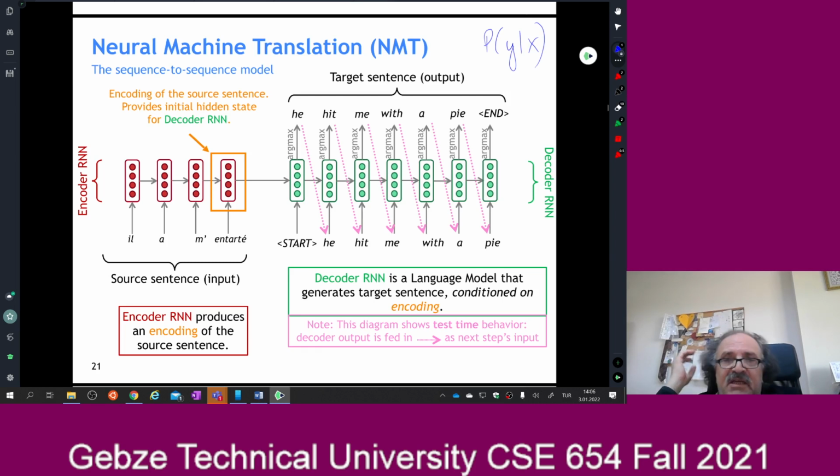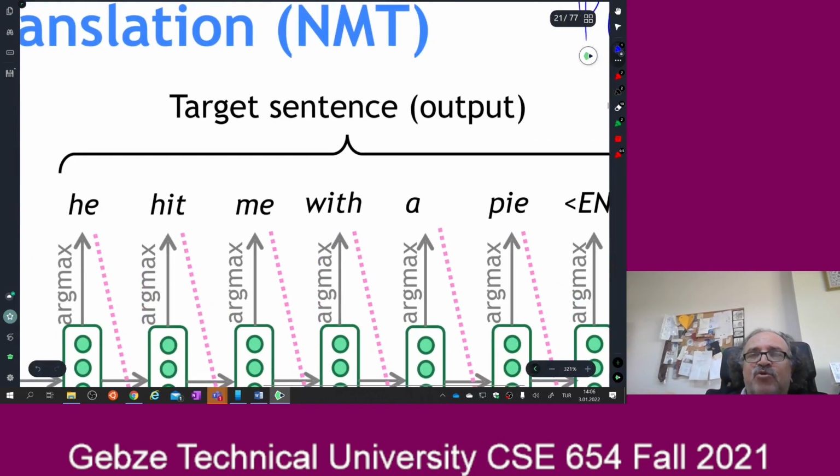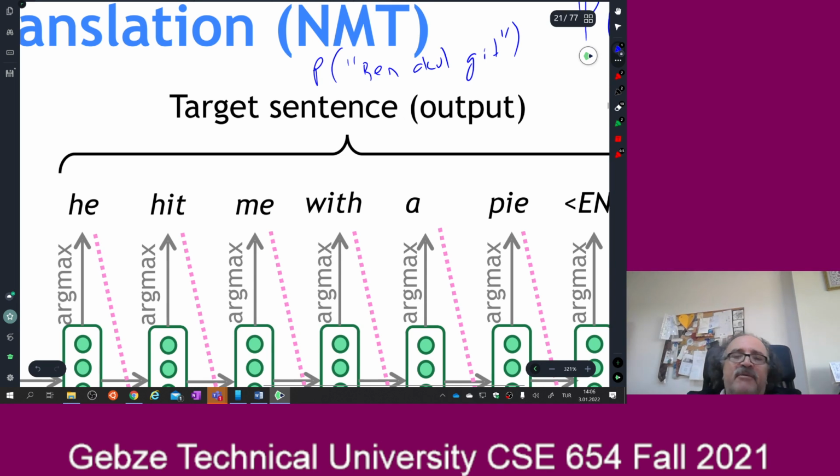It's not static either. I mean, remember, I can do this. What is the probability in a Turkish language model of "Ben okul git"? Okay, I can calculate the probability of this sentence in Turkish. It's not going to be that high, but it doesn't matter if I have 3 words or 5 words or 8 words.